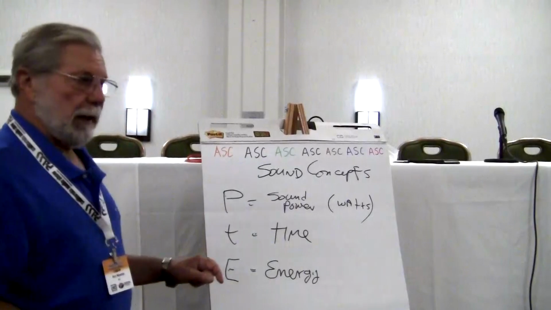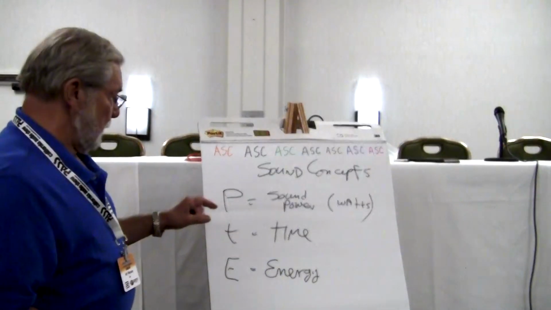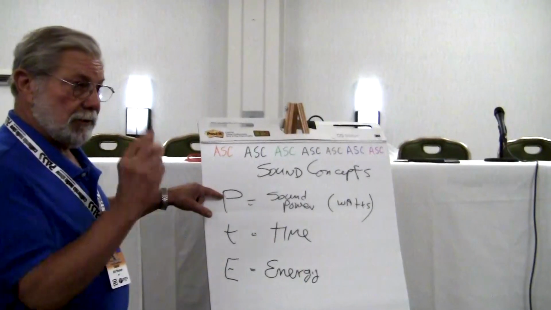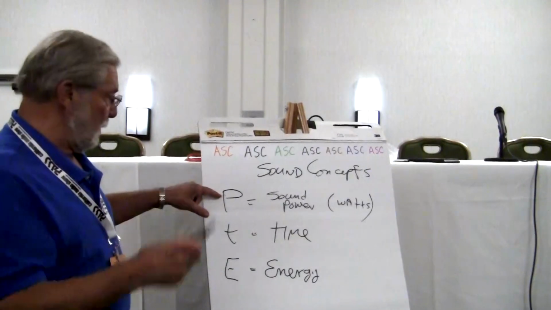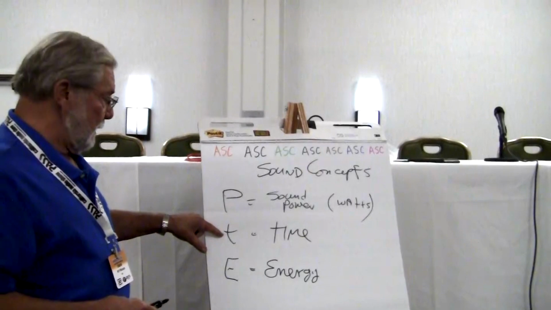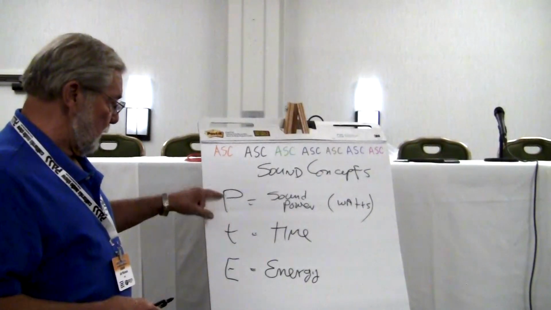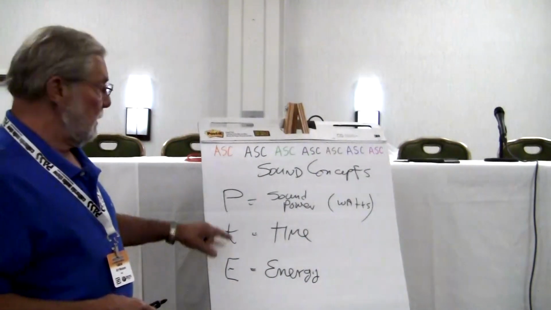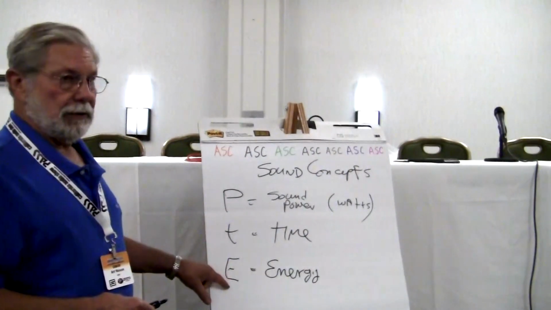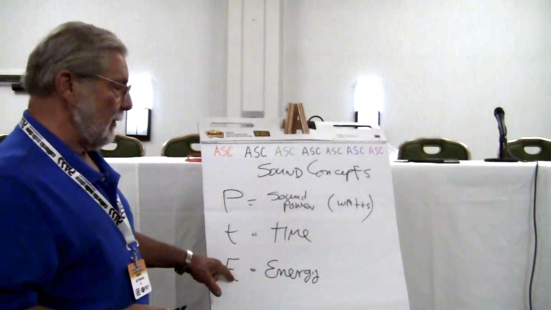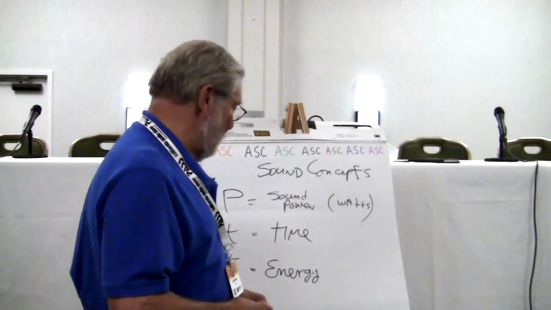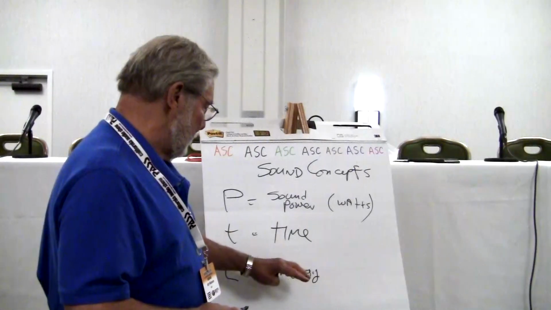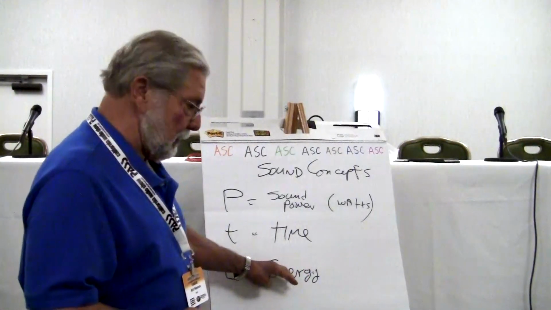So when you pay your electric bill, they take the power that's being delivered, which is the speed or the RPM of the little wheel, times the time, where they integrate that over time, and you end up with energy, so you have to pay for the energy you use. So power times time equals energy, and that's what you pay for when you pay for your electric bill.